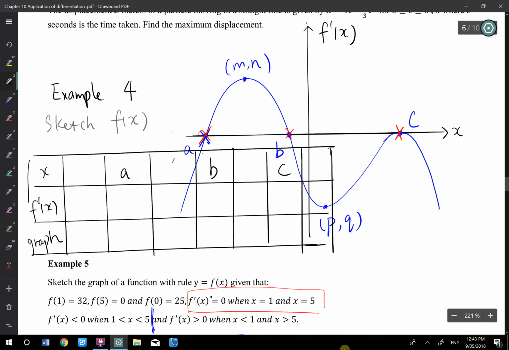First of all, we know that A, B, C have gradient equal to 0. When x is less than A, is the derivative positive or negative? Think about it again. Let's say when x equals E, what does f dash E give you, a negative value or a positive value?